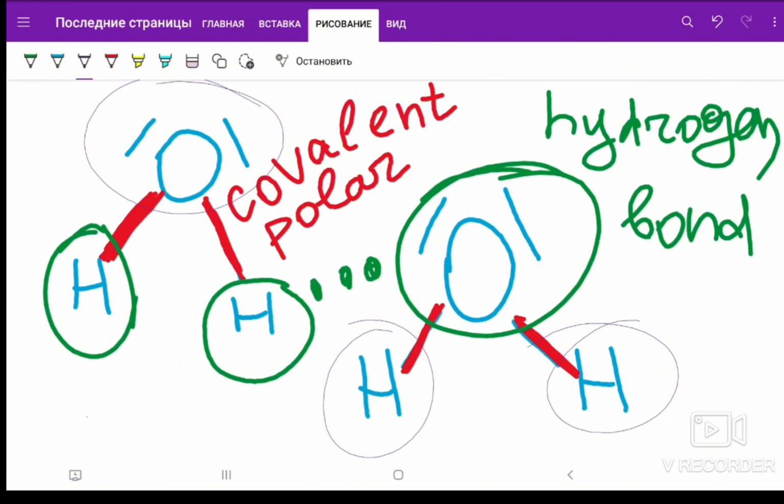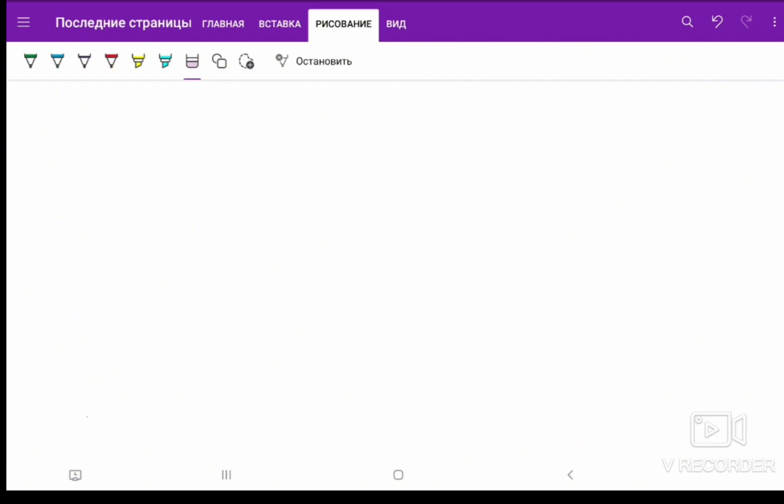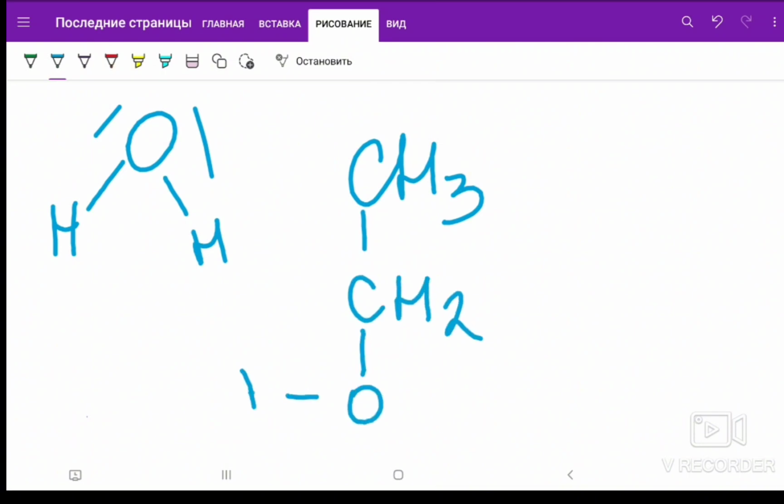Let's take another example. Let's take water, again, a water molecule, and ethanol. Water and ethanol. Let's see. Here we have hydrogen bonded to oxygen. So we can say that between two ethanol molecules, we will have a hydrogen bond. And also, as we have already said, these hydrogens have covalent polar bond with this oxygen.